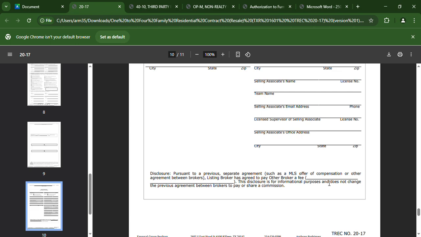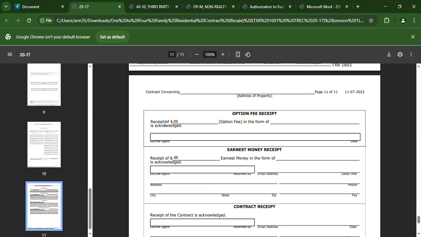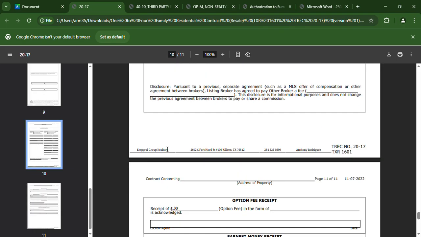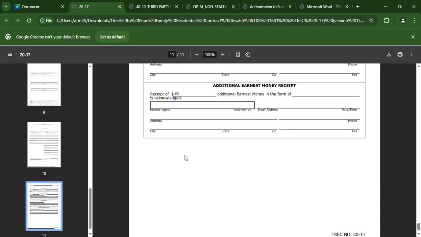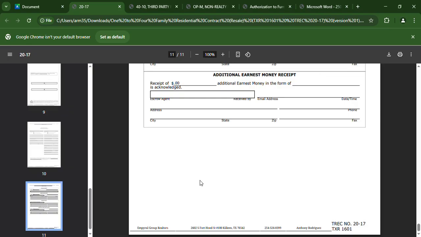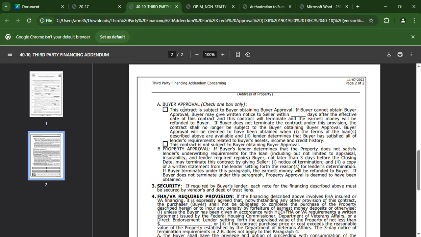Disclosure, listing broker: they've got to pay for fees and stuff, and this is receipts of when things happen. Property address up there, same thing as before, and it just says when things get done.